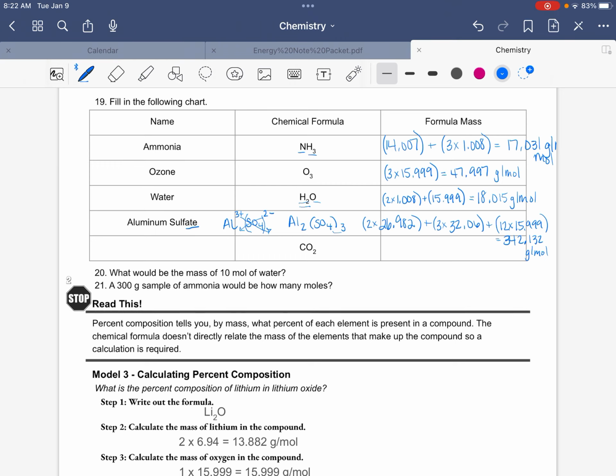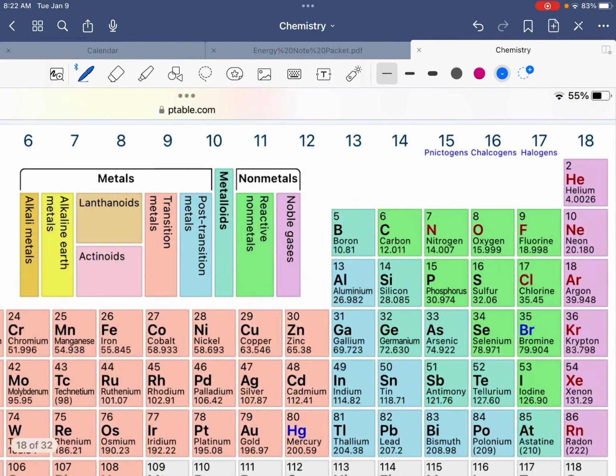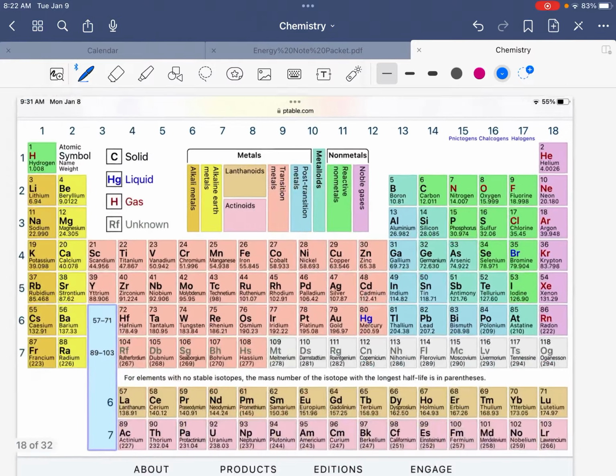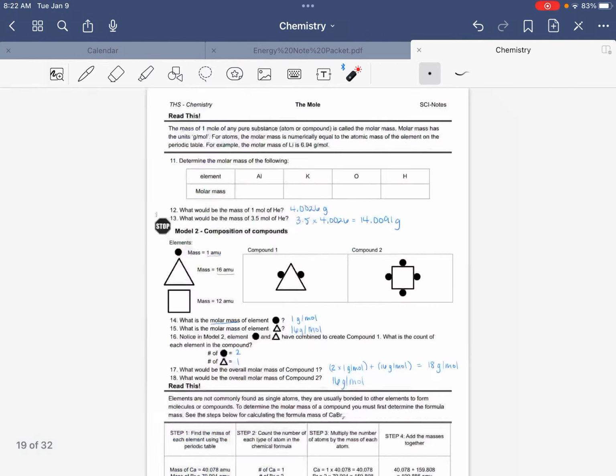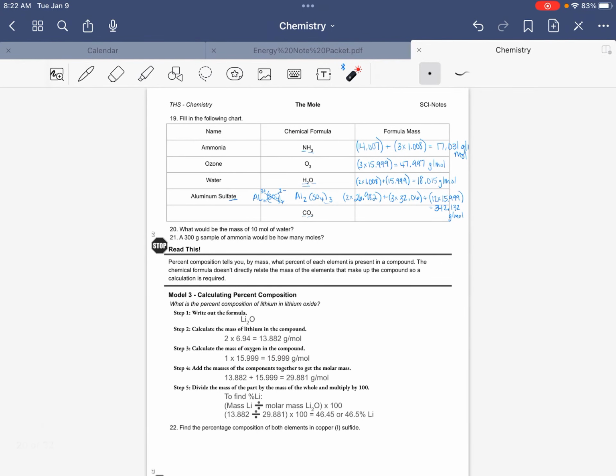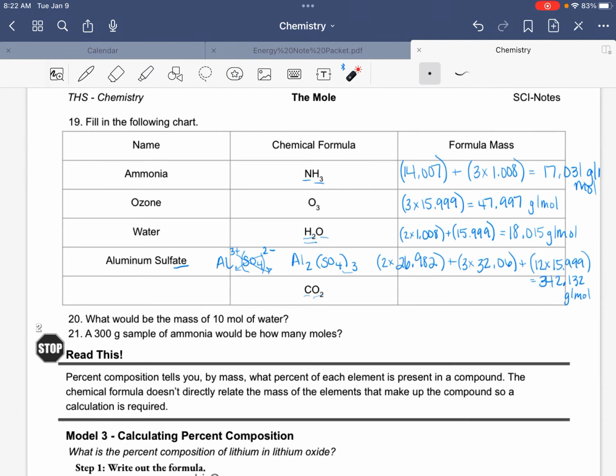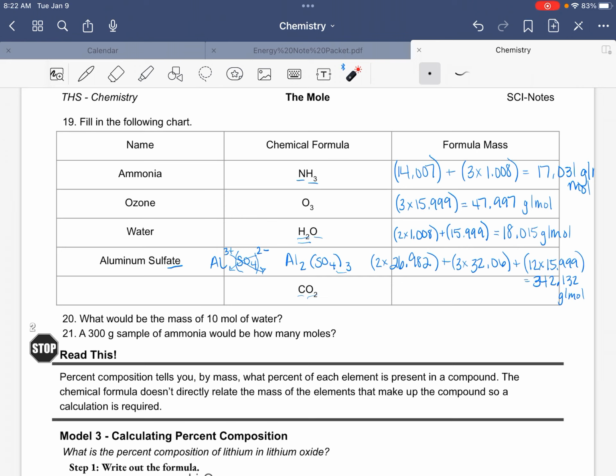All right, for this last one, they did give us the chemical formula. It's carbon and oxygen, and if we look at the periodic table, both carbon and oxygen are non-metals, so this is a covalent bond. With covalent bonds, we use prefixes to name the elements.